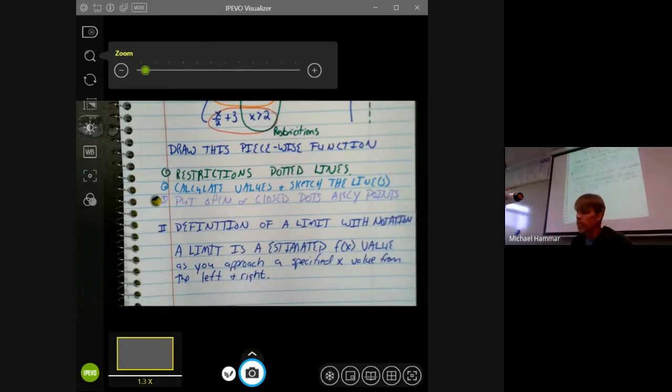Okay, so the limit is an estimated y value that you get as you approach a specified x value from the left and to the right.